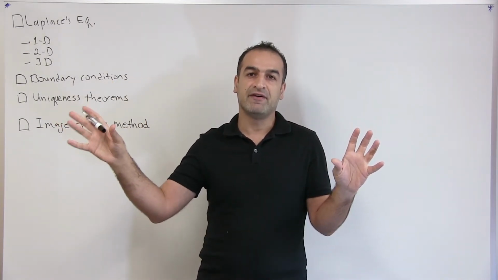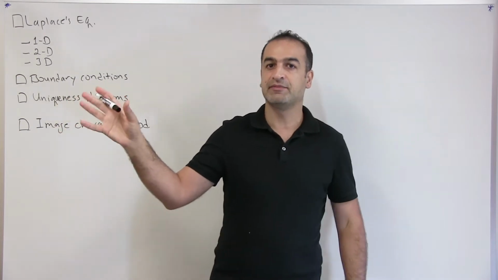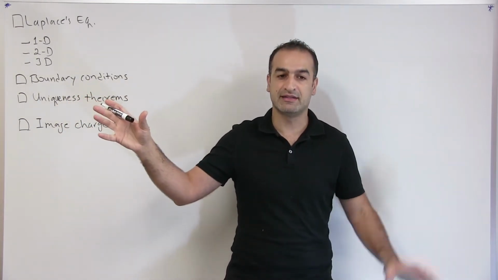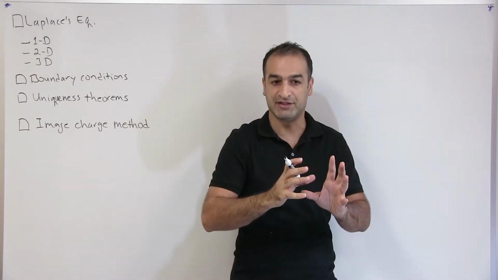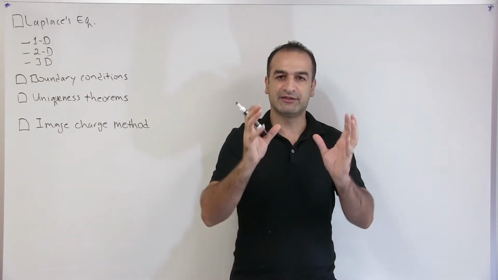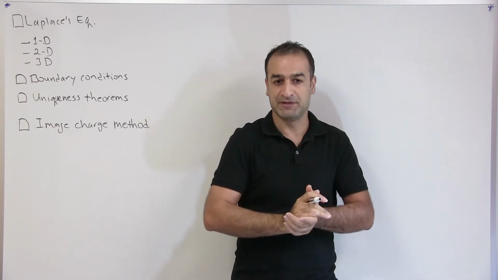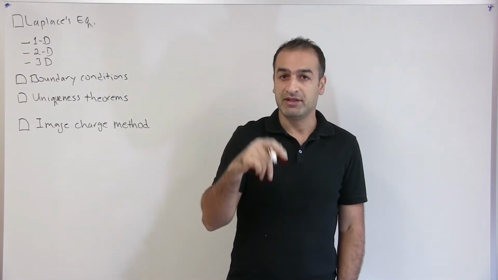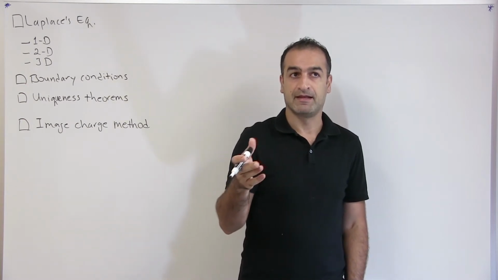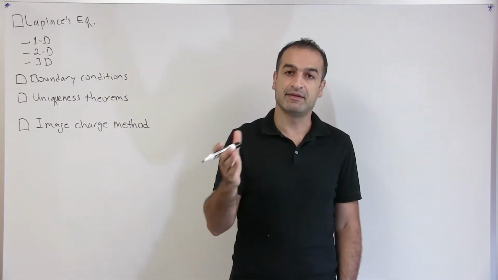Then we will find that the electric potential for a hypothetical system satisfies Laplace's equation and the boundary conditions, and as soon as you find that, that is the solution. Probably not today, but next week, Thursday or next week, we're going to discuss the method of image charges.